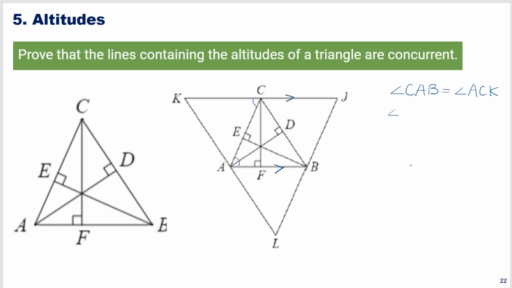Similarly, angle CAK equals angle BCA. Then we have triangle CAK must be congruent to triangle ACB, right?